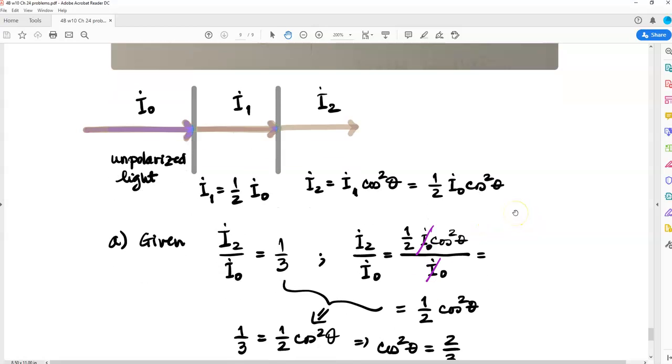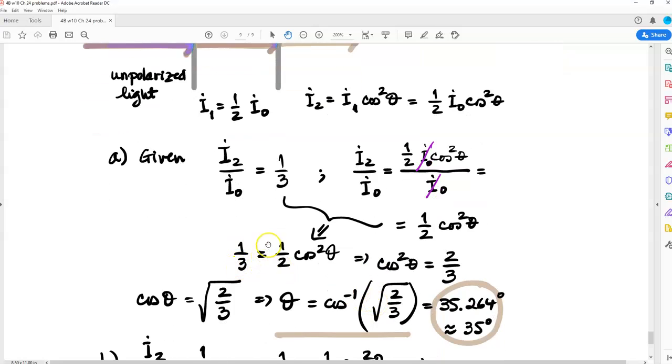In the first case, they tell you I2 over I0 is 1/3. This is kind of the inverse of what we did in the other problem, where they asked you for a percentage. So you plug in your numbers: 1/3 must be equal to all of these quantities. Simplify I0, and you get 1/3 equals 1/2 cosine squared of theta.